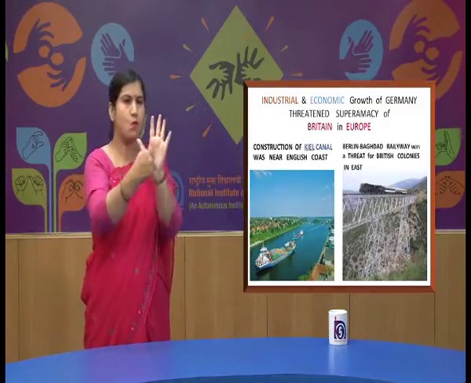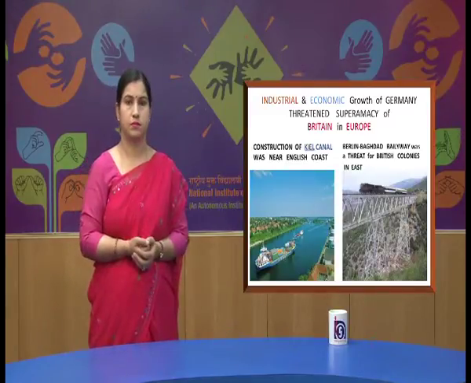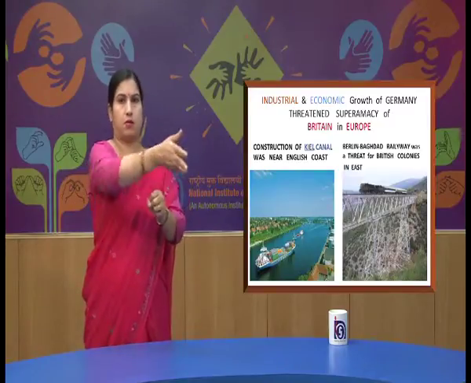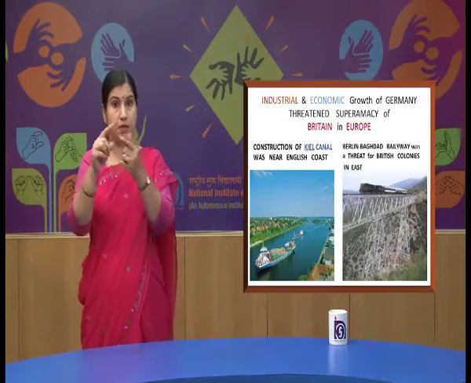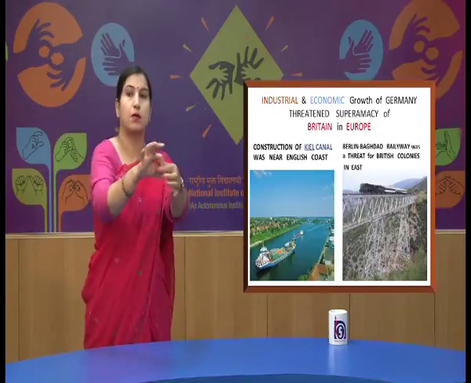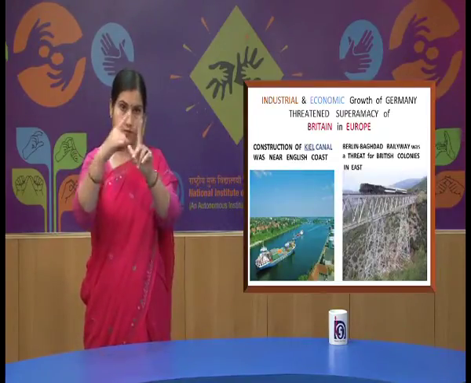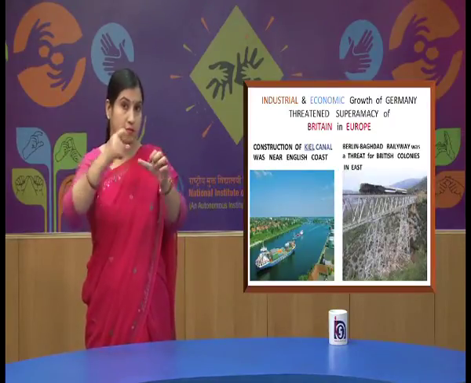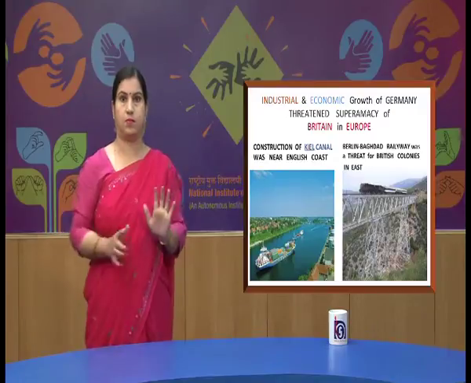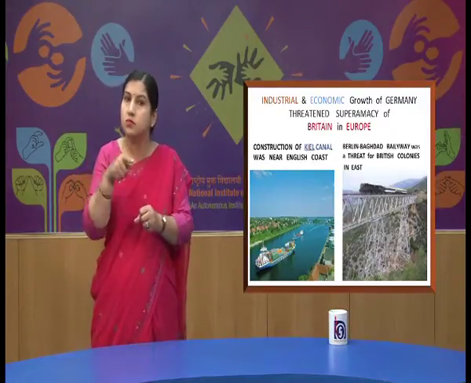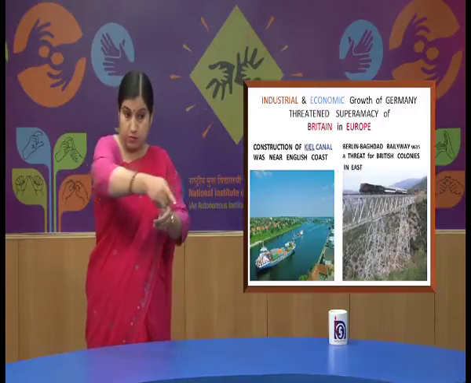Fifth cause can be Germany built railway line connecting Berlin with Baghdad in Iraq. This made it possible for her to send army and supplies to the east.